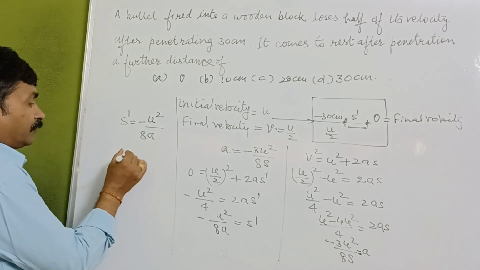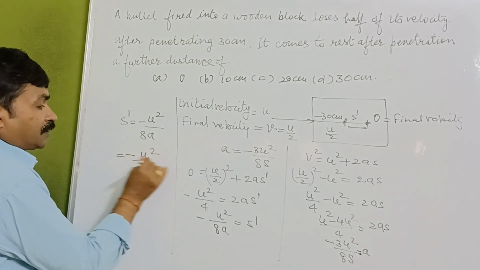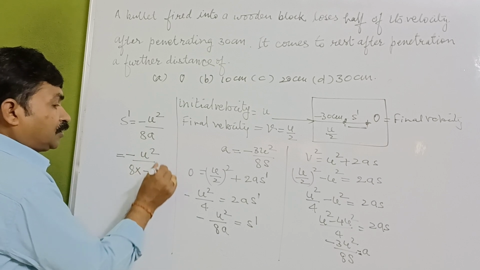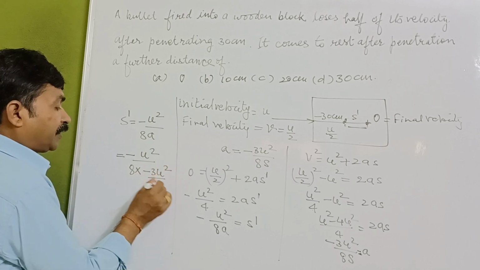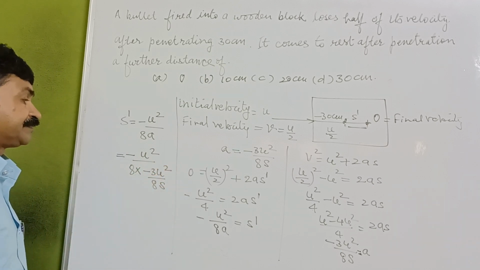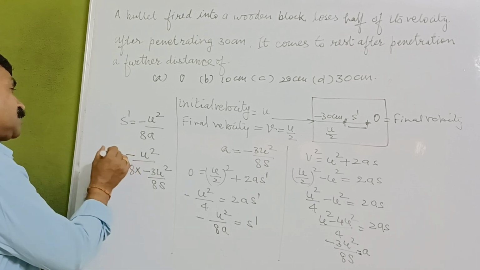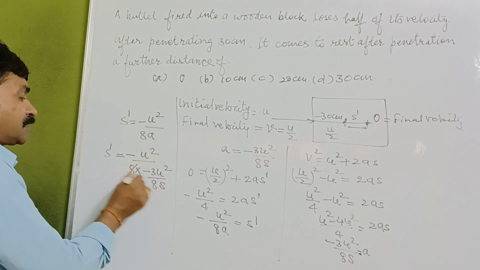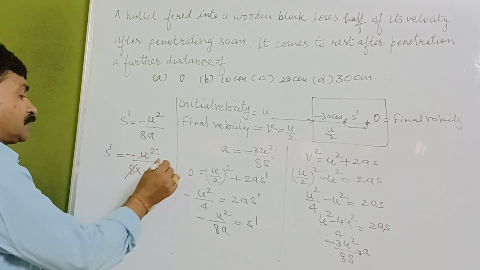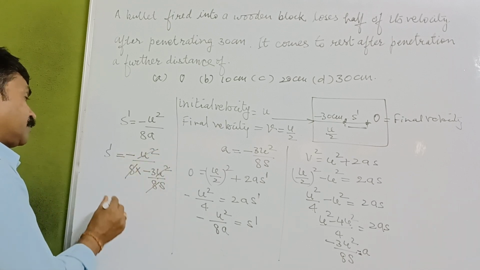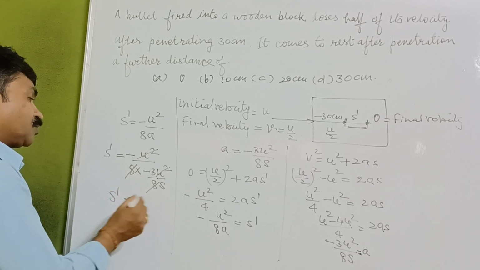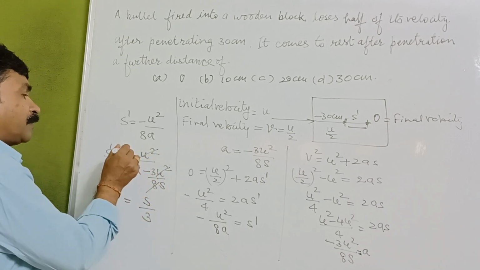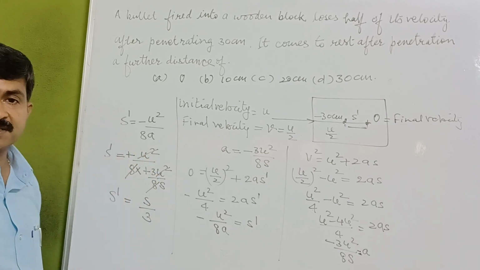So this is minus u square upon 8 into a, that is minus 3u square upon 8s. Now this s dash will be: 8 to 8 cancel, u to u also cancel, and this minus and minus will become plus. So finally it will go up and it is s upon 3.